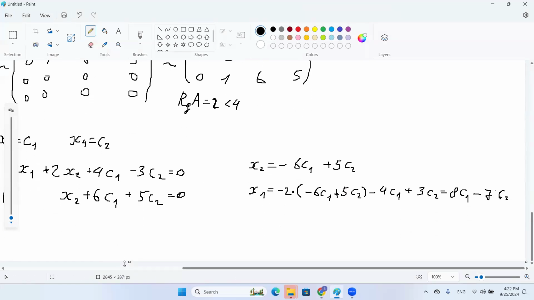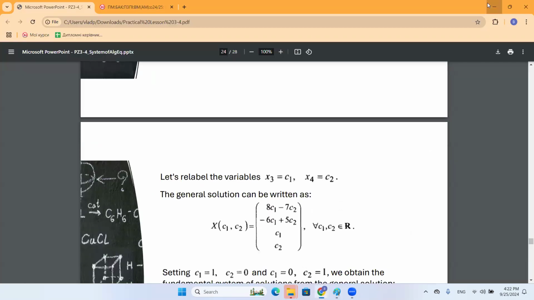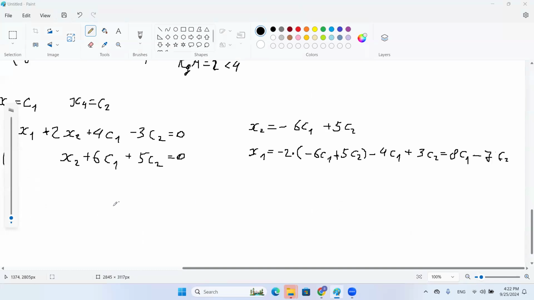And let's write the general solution. Let's not change the order of variables. So x from C1 and C2. Let's write C1 and C2 here already. And here x1 will be the first element.